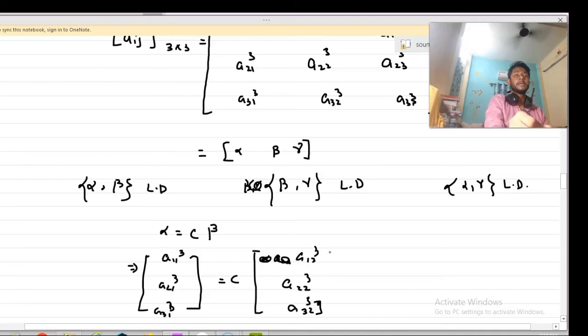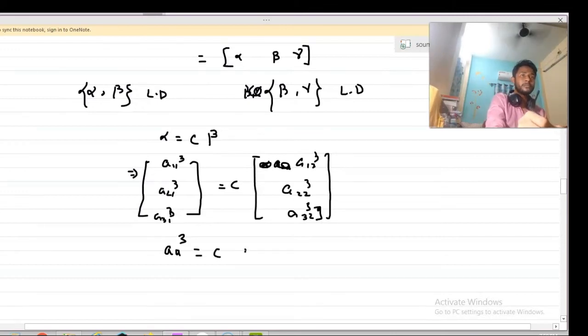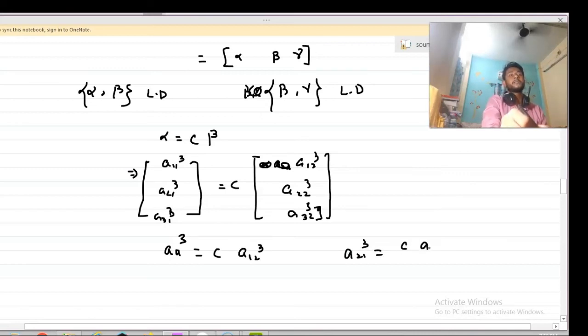So A11 cube is equal to C into A12 cube, A21 cube is equal to C into A22 cube, and A31 cube is equal to C into A32 cube.